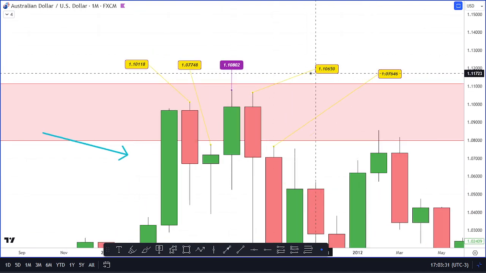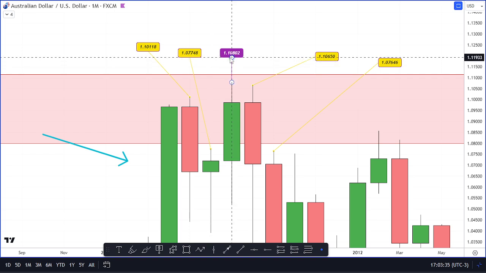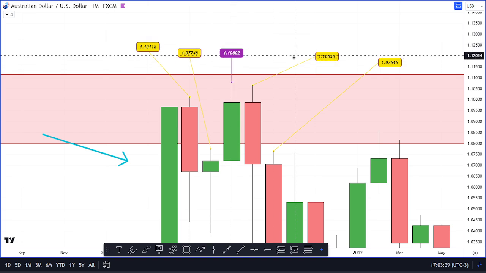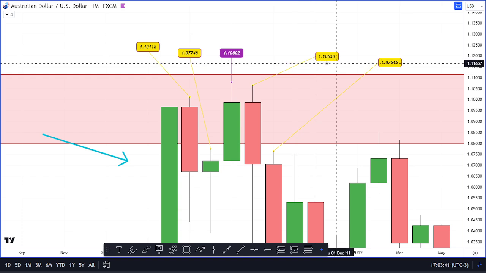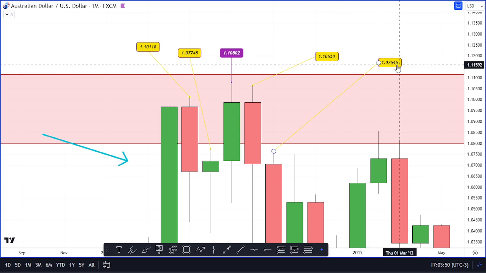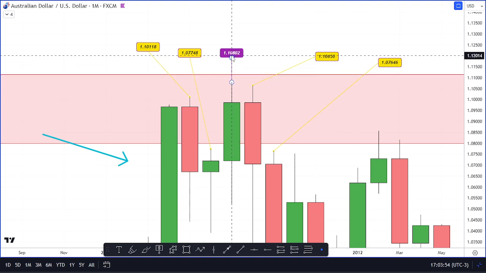It is very clear, and we can see what the numbers are. This one is 1.10802. This one is 1.10550, right? This one is 1.07646. So from the numbers you can tell that this one is higher, right?